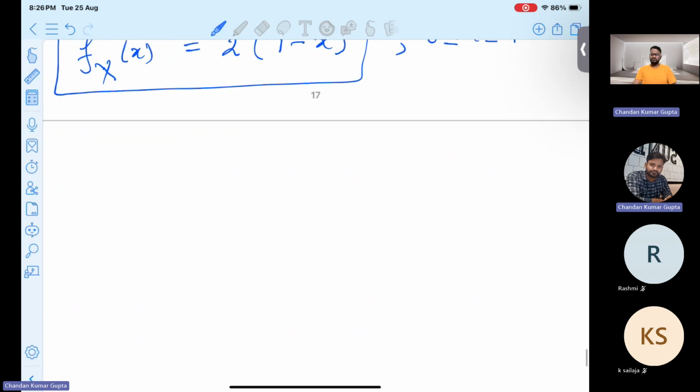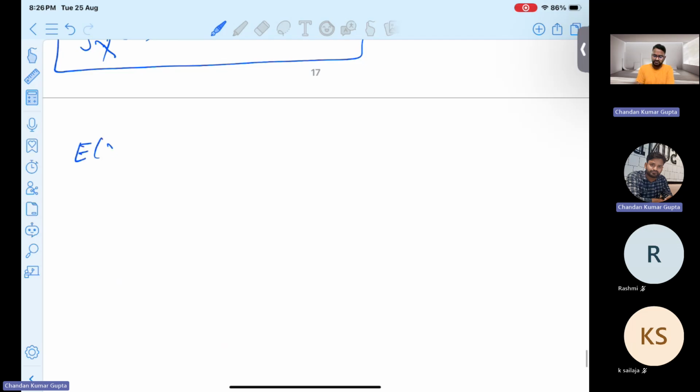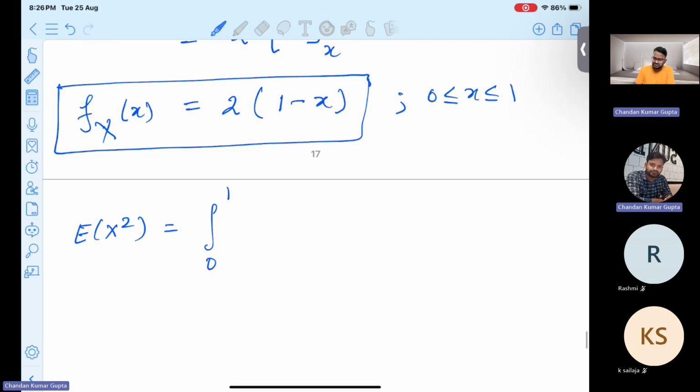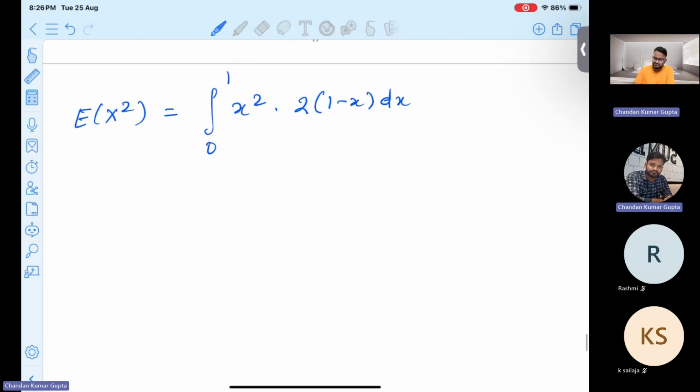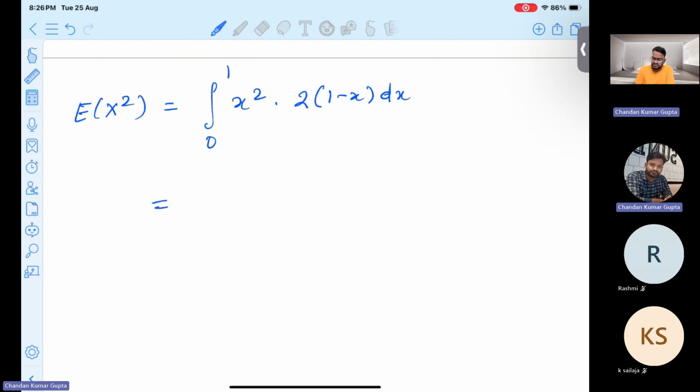Now we need to calculate the expectation of x square. That is the integral of x from 0 to 1 of x square into 2(1 minus x) dx. 2 we can take outside, integral 0 to 1 of x square minus x cube, if you distribute x square into 1 minus x.